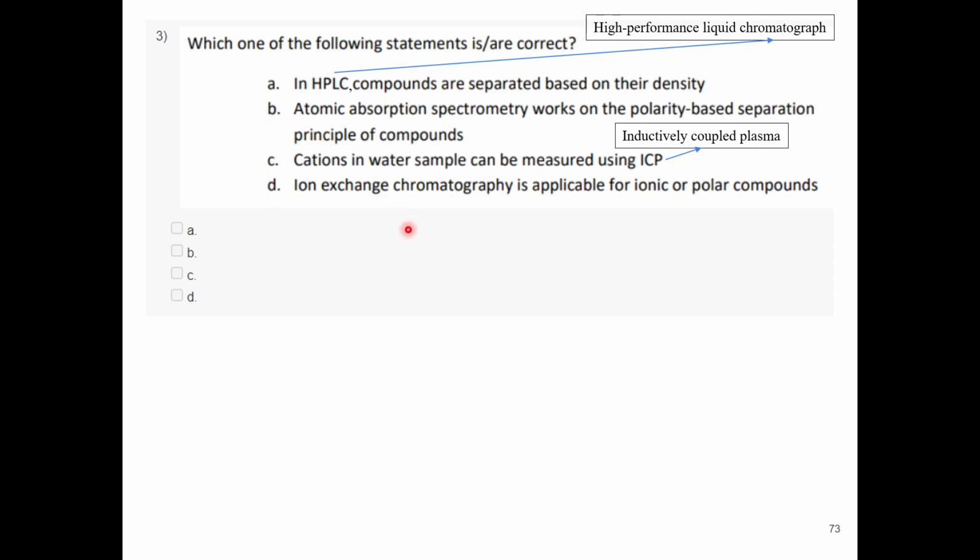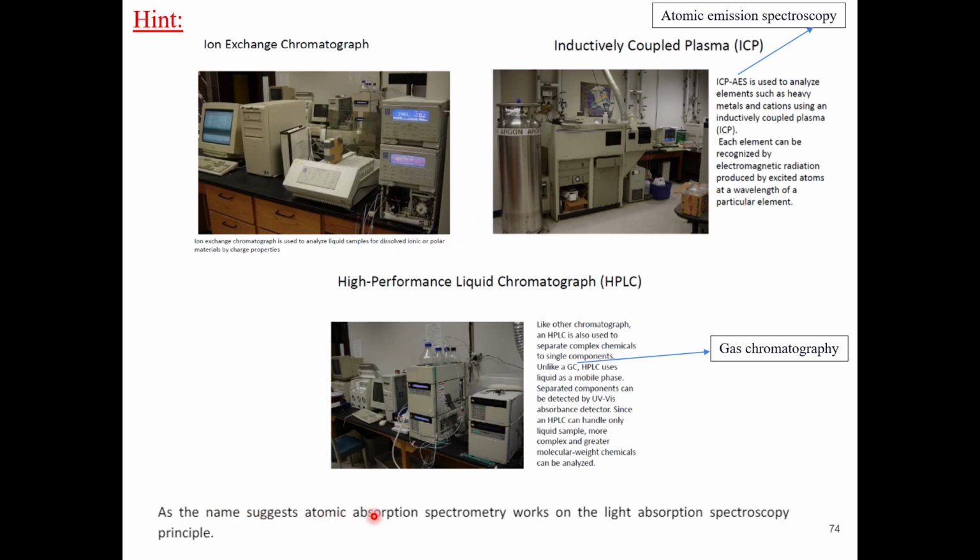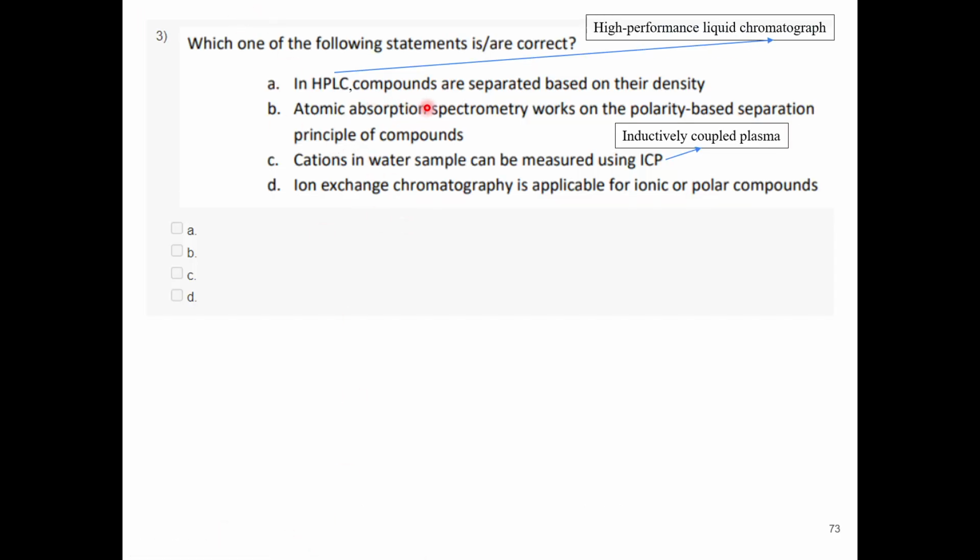Let us check B. As the name suggests, atomic absorption spectrometry works on the light absorption spectroscopic principle. But here it is written that it works on the polarity based separation principle of compounds.